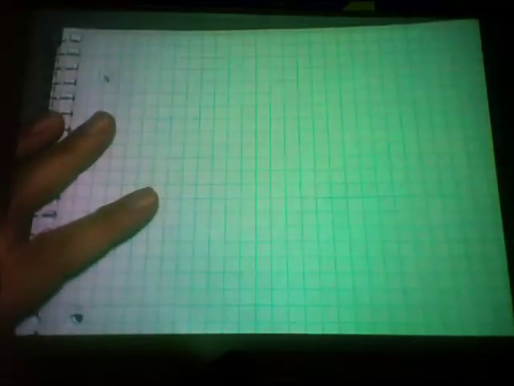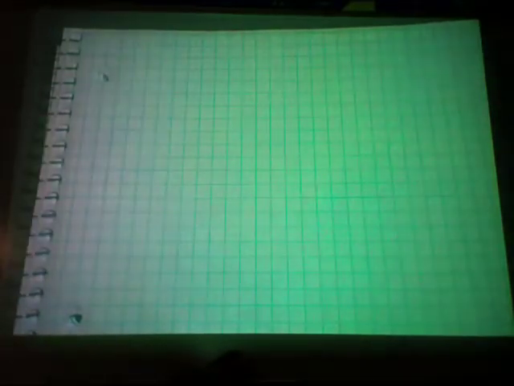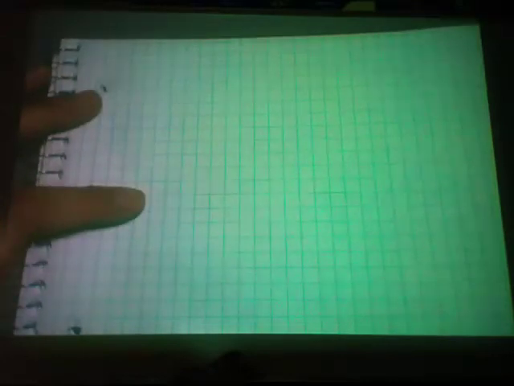Remember I said we could use the distance formula? Well, here we're going to do it. So example 3. You should have been introduced to the distance formula in algebra last year.